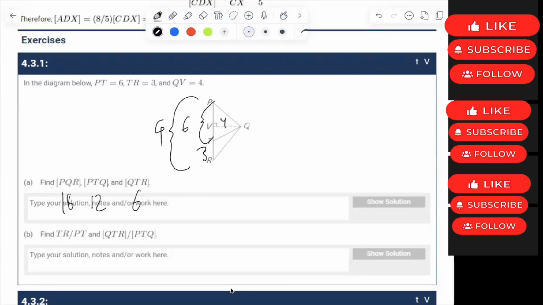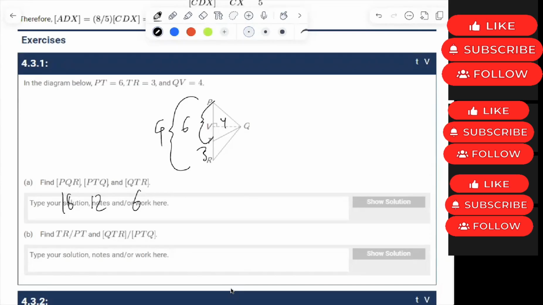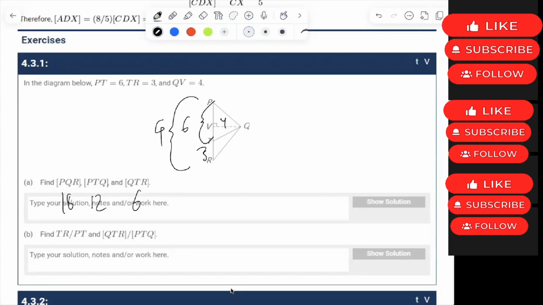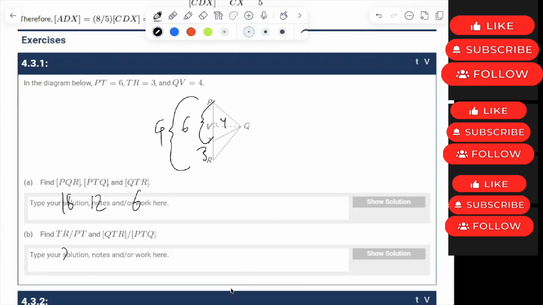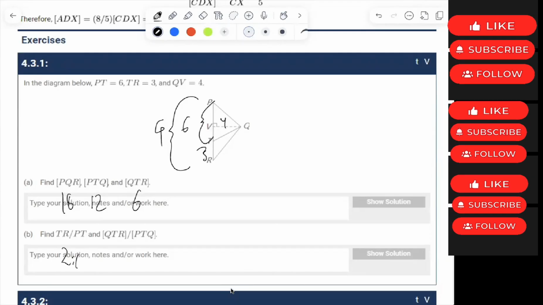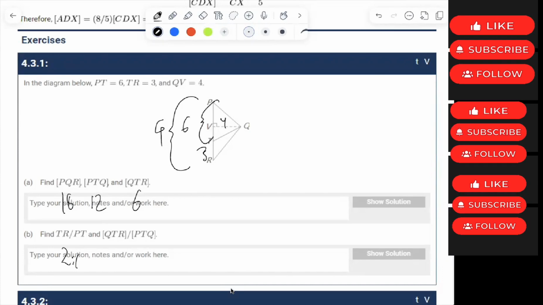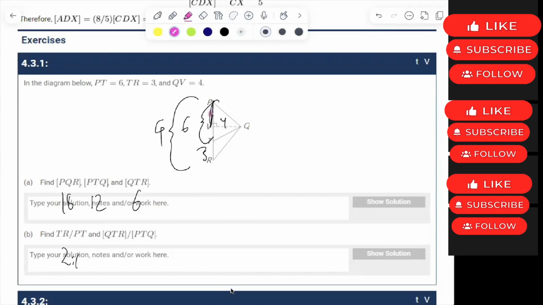Now we want the ratios. We want TR to PT. But notice that this is just height base ratios, or this is just 2 to 1. Notice that QTR to PTQ is just equal to TR to PT because of this. This is the triangle, I'm going to highlight it.